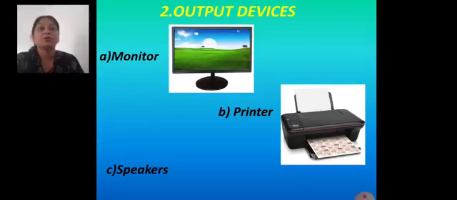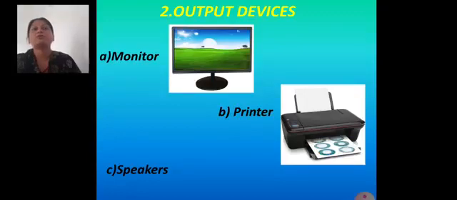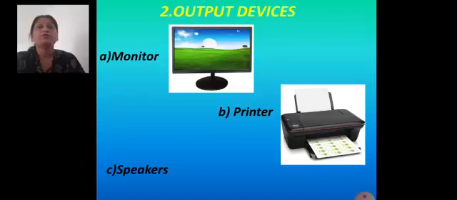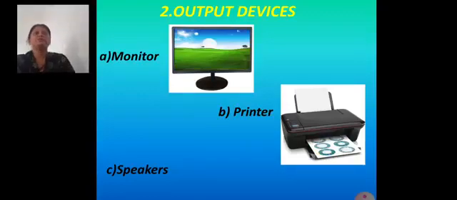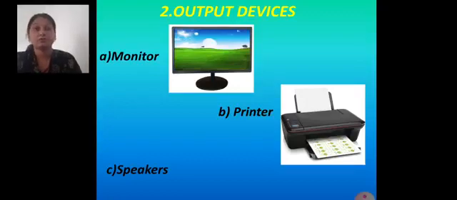If I draw something in Paintbrush, or if I type a question paper in Word, I want that question paper or that picture on paper from the computer. So I use a printer to take these things out from the computer. The printer gives me a printout of that picture or that question paper.